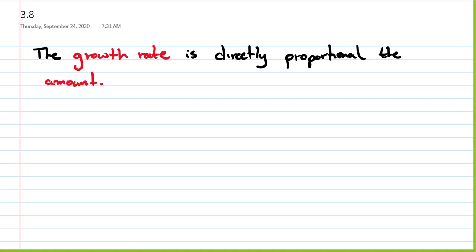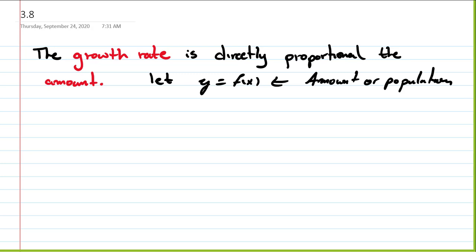So if we let y equals f of x be the amount or population or whatever you want to call it, our differential equation is going to have the form: our growth rate would be dy dt, because that's our slope, or dy dx in this case.